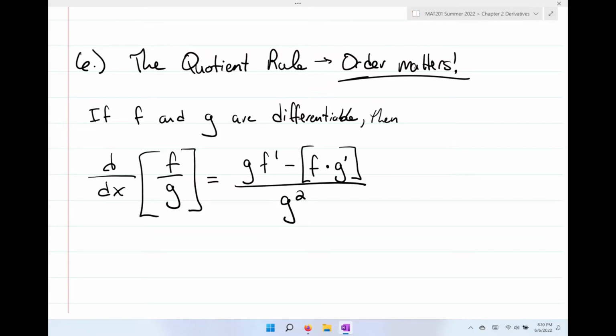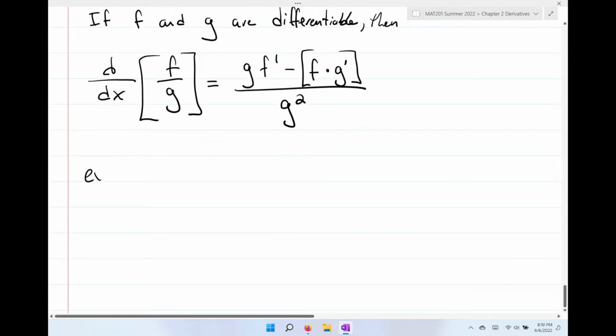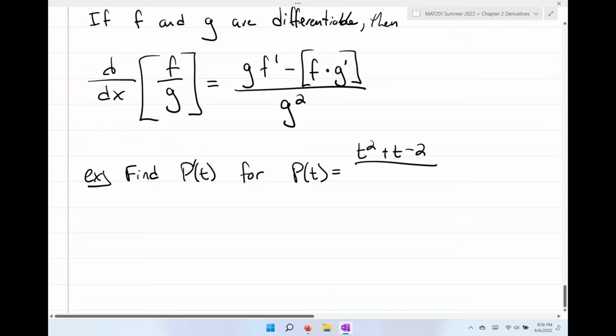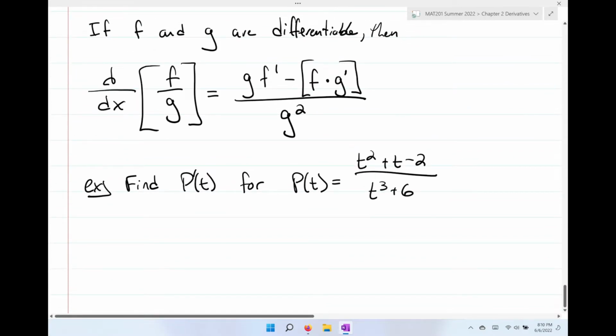So here's an example right here. Find the derivative of p of t, for p of t equals t to the second plus t minus 2 all over t to the third plus 6. Now, what makes this so hard is the algebra associated with it.